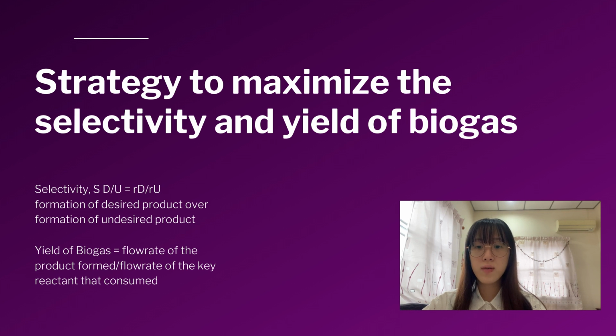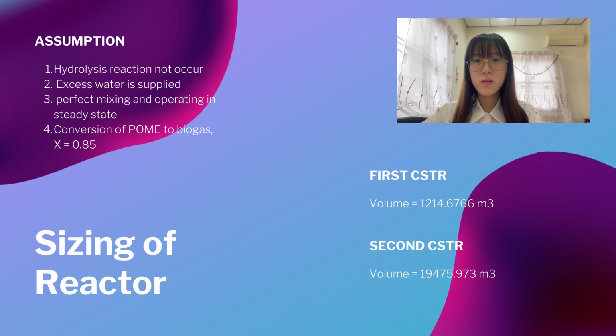According to the answer, we will decide which compound concentration will increase and which compound concentration will decrease to maximize the selectivity. The last point of Reaction Engineering 1 is the sizing of the reactor in this project.